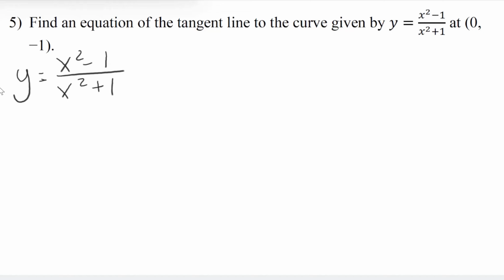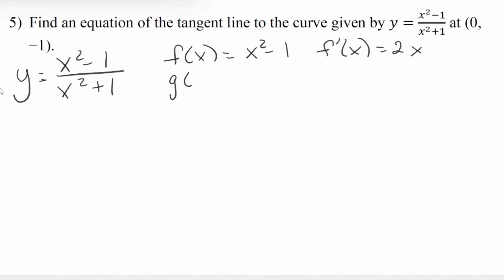So now this one, you have to do the quotient rule for it. So we have f of x is x squared minus 1, so f prime of x is 2x. G of x is x squared plus 1, so g prime of x is also 2x.